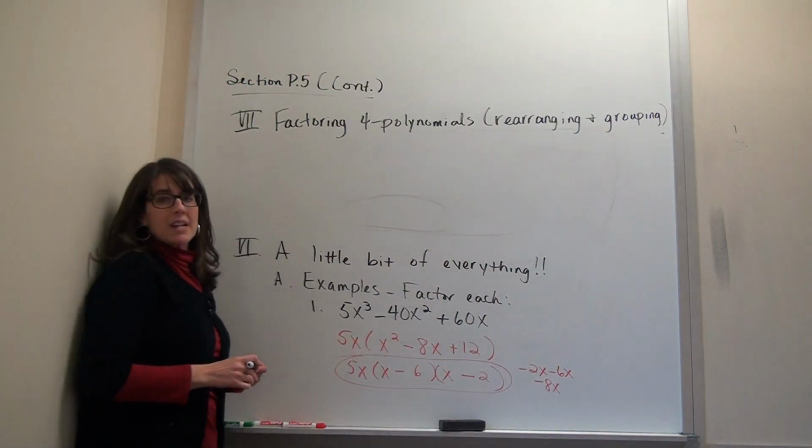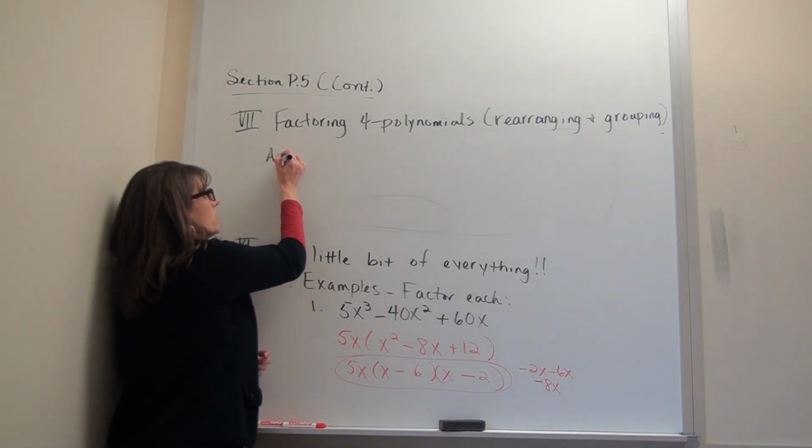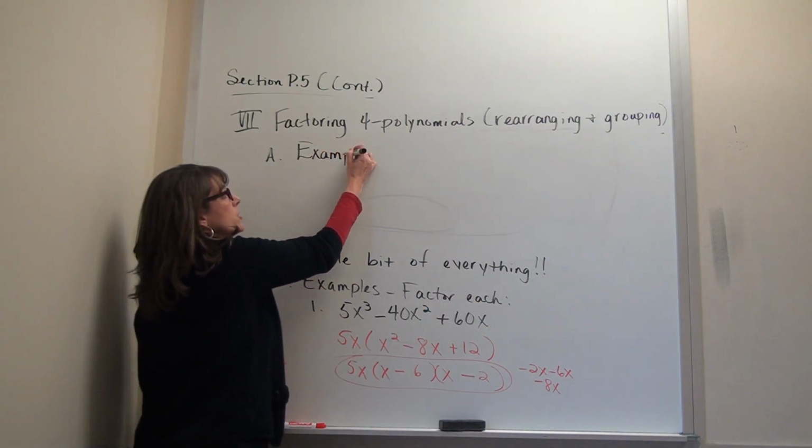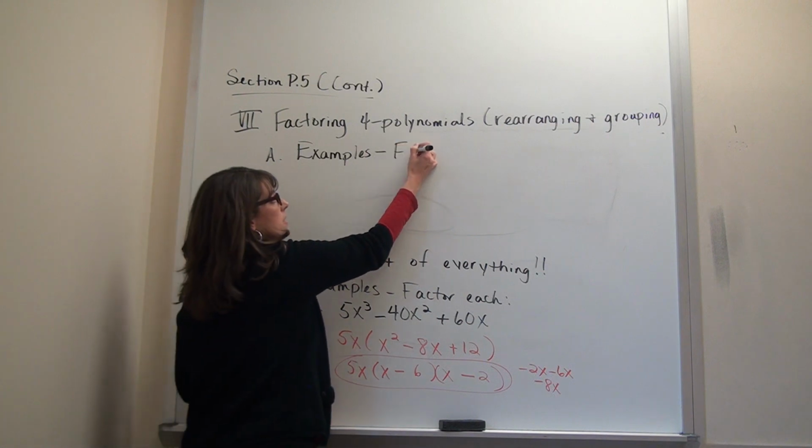Doing 4 polynomials kind of kicks back to that factoring by grouping that we looked at before. There aren't really necessarily any steps to this, so we're just going to dig into the examples immediately.